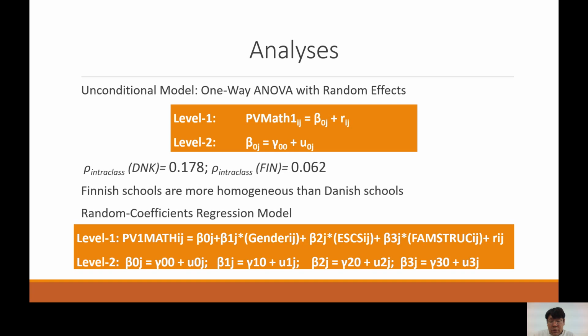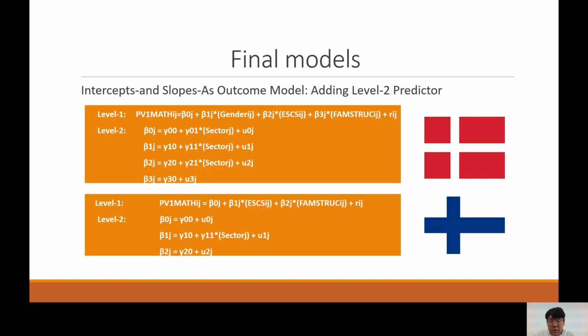All right, so this is what intraclass correlation means. And for the analysis, the second model and third model, we included student level predictors and school level predictors.